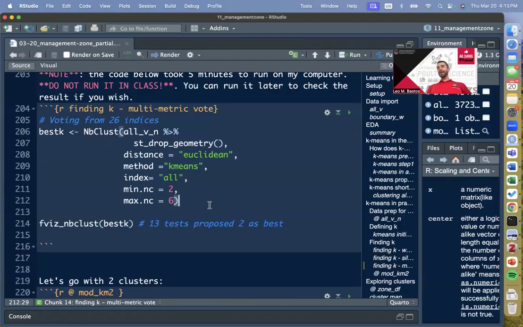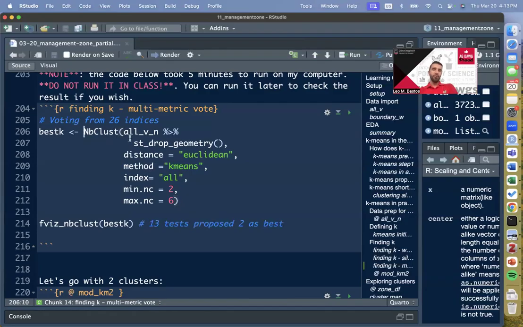If you run this in class, it's going to take a while, and it may freeze your RStudio for some time while it's running. I don't want you to do that, so you can keep coding in class. But if you want to run this at home to verify on your side, you're welcome to do that. We can hit run on the chunk and go for a break if you wish.